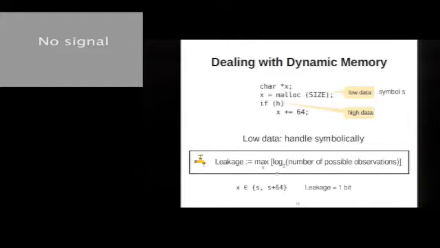So with this, we obtain x being either s or s plus 64, and the leakage is going to be 1 bit. So this is giving us a way to have more precision in the presence of low data.